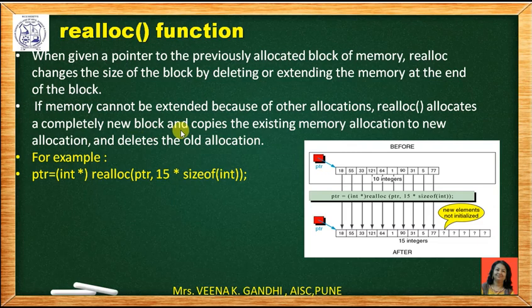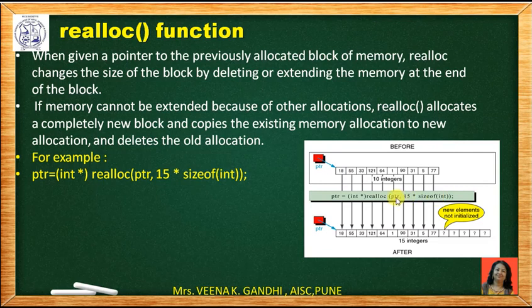It finds a completely new block of the new size, copies the previous block to the new block, and deletes the old block. You can see in this figure here: first, the previous block contains 10 integers allocated using malloc or calloc, with ptr pointing to the first byte. Now after using realloc, ptr equals int star realloc. So we typecast the void pointer to int star and then call the realloc function. Then this ptr is pointing to the previously malloc'd ptr.